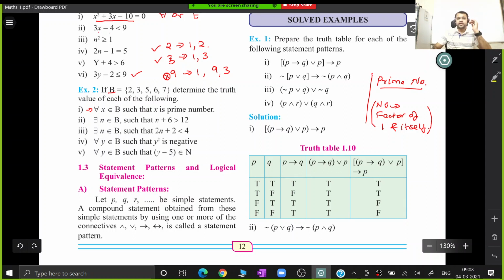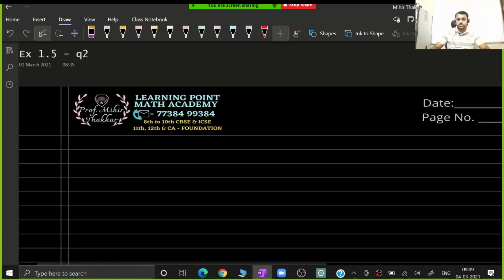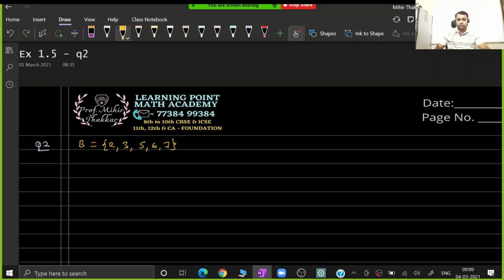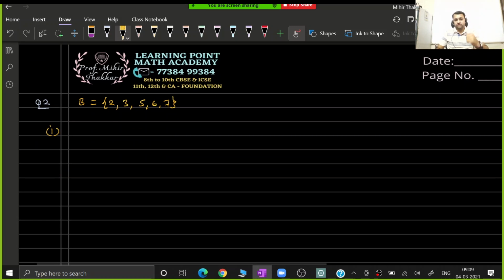So here you are given the B elements as 2, 3, 5, 6, 7. So let me write it over here for you. We have to show over here that it is a false statement. So let us understand how we can show that the given statement is false.